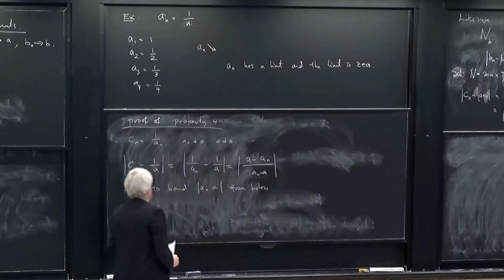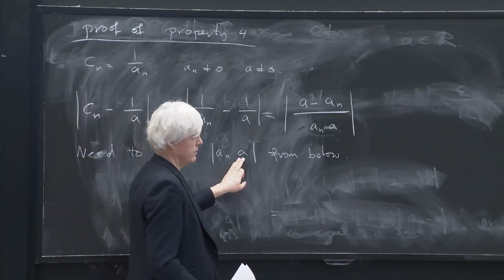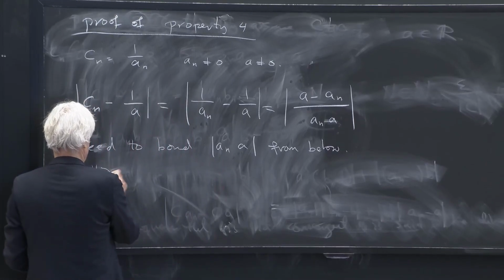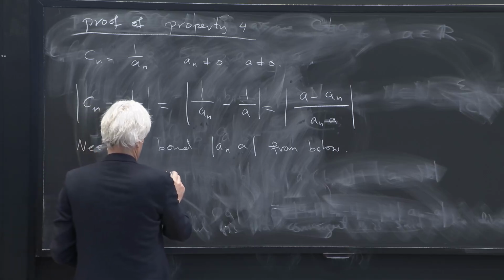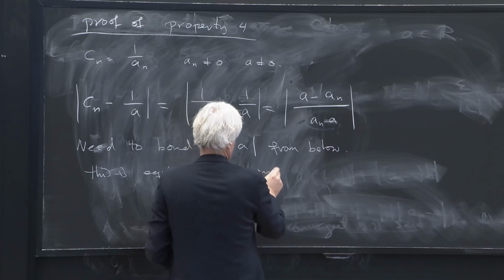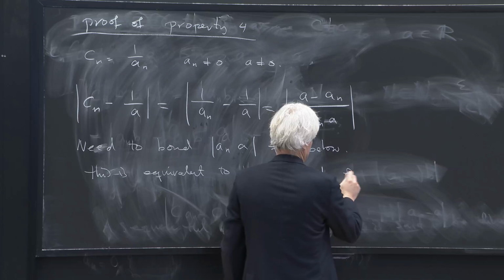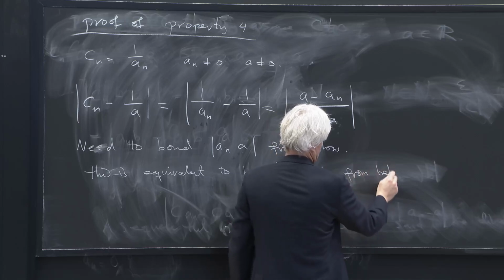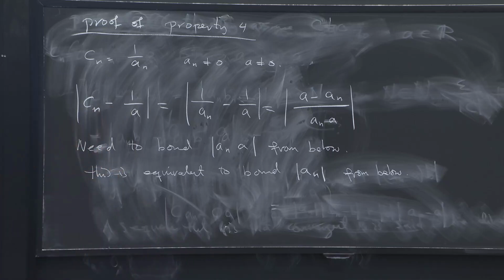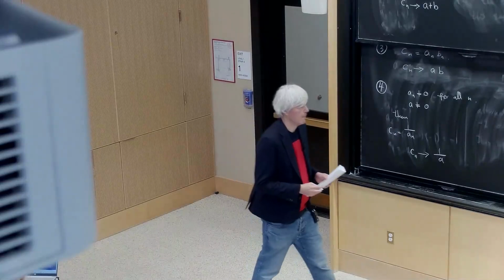Really, because A here is just a fixed number that is not 0, this is equivalent to bounding the norm of AN from below. Remember, we don't need to bound it from below for all AN, but for n sufficiently large.